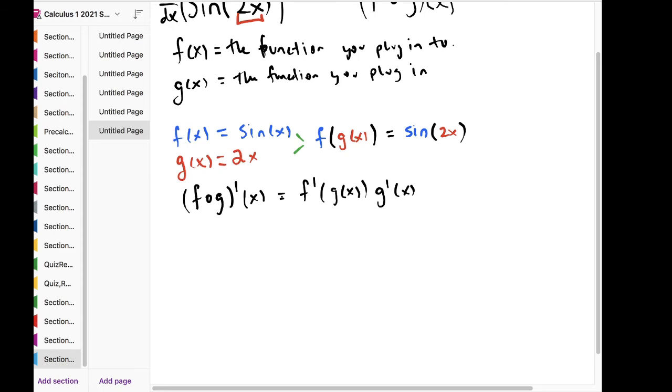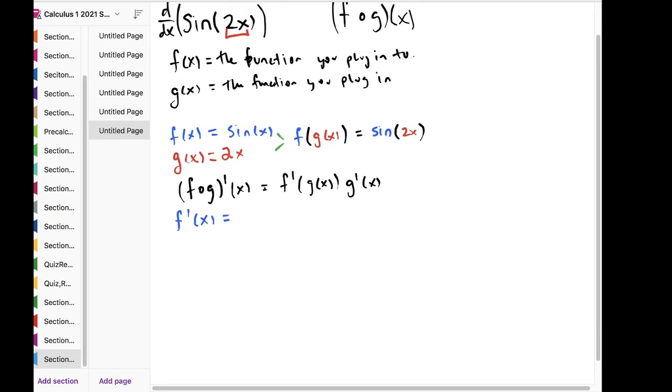Well, we need f prime and g prime. So what's f prime? Cosine, yes. And what's g prime?